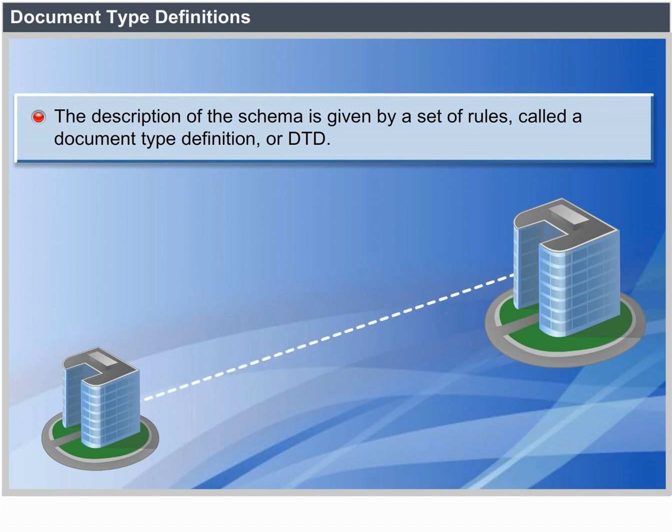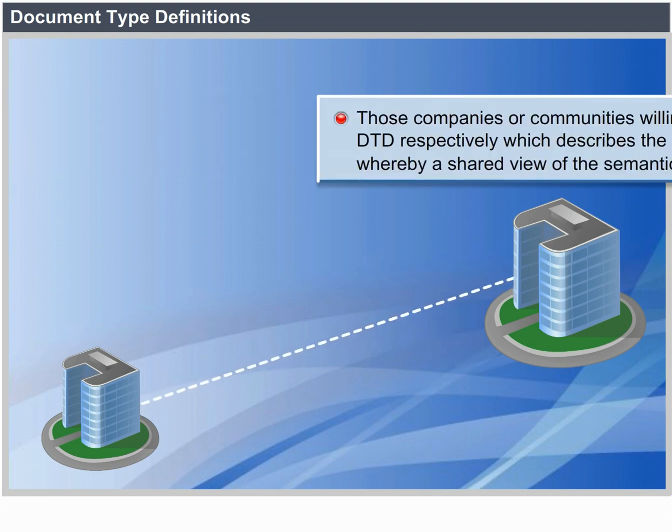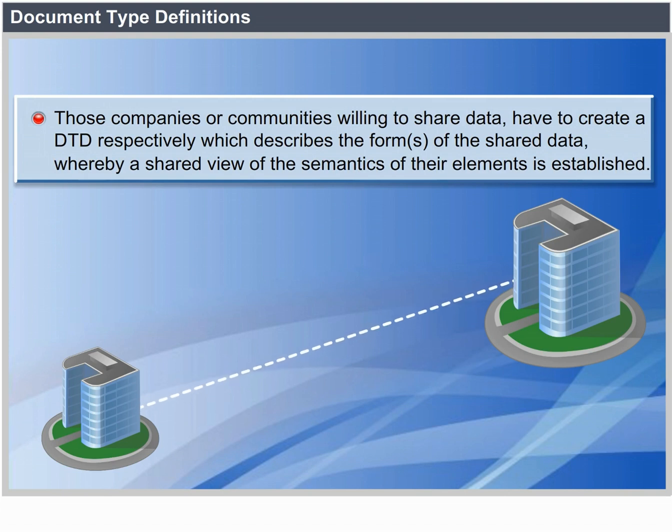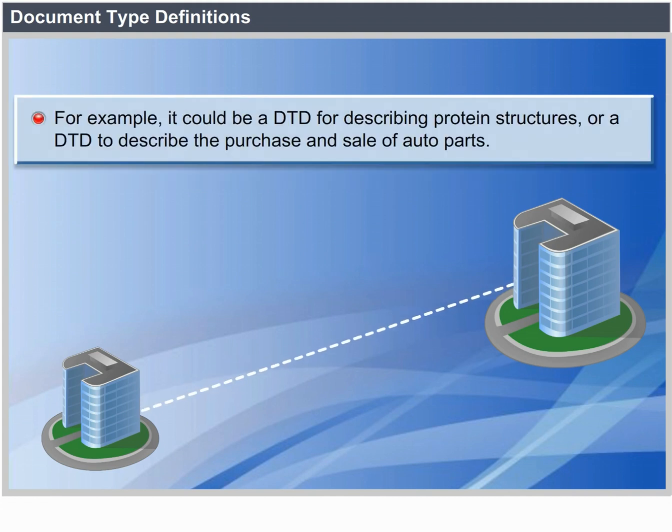It is intended that companies or communities wishing to share data will each create a DTD that describes the forms of the data they share, thus establishing a shared view of the semantics of their elements. For instance, there could be a DTD for describing protein structures, a DTD for describing the purchase and sale of auto parts, and so on.